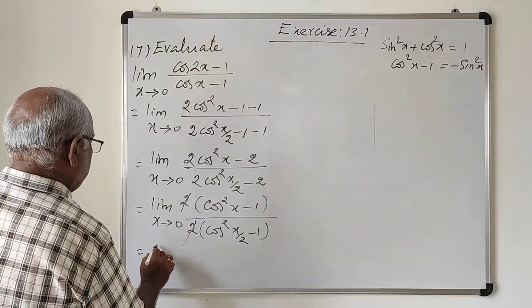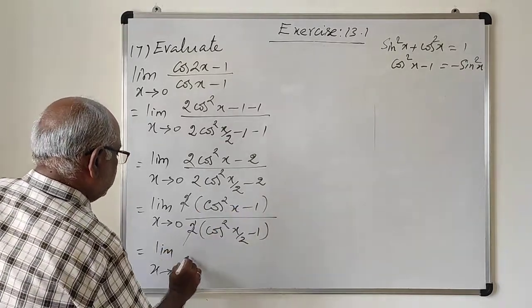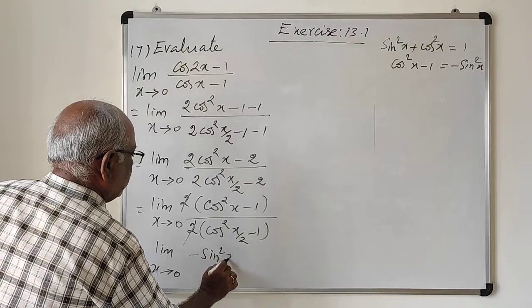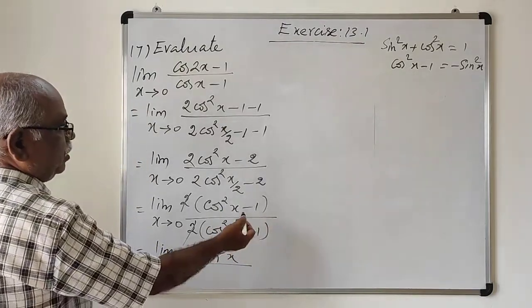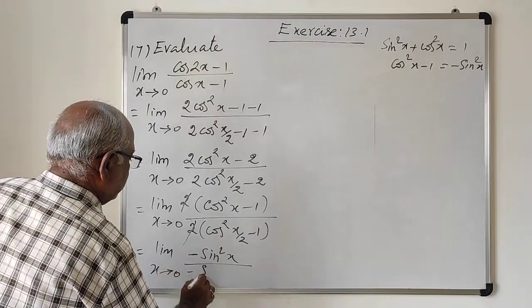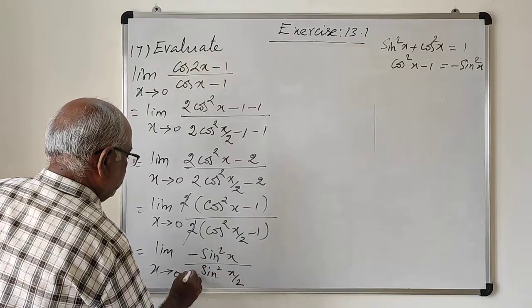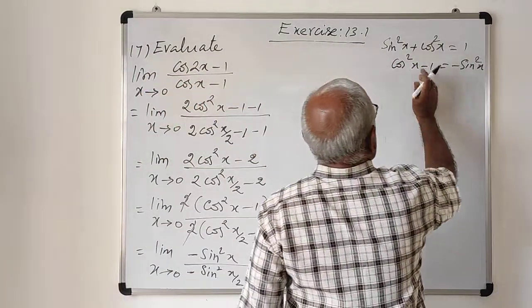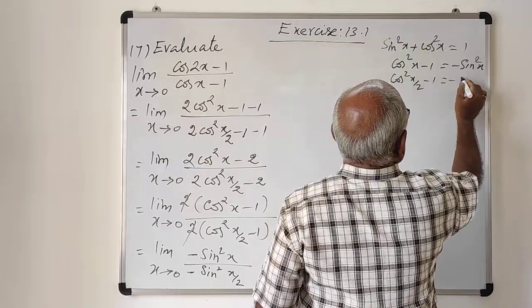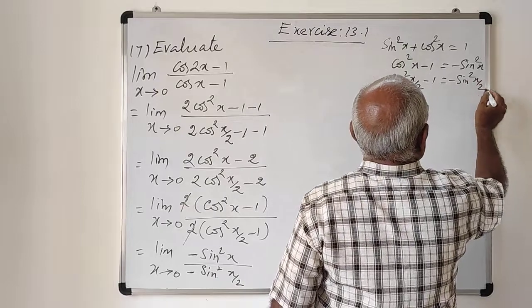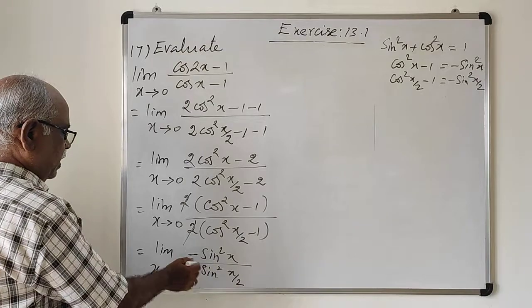So this is equal to limit x tends to 0, cos square x minus 1 is minus sin square x. Similarly, in the denominator, cos square x by 2 minus 1 is minus sin square x by 2. Use these two results here. Minus into minus from numerator and denominator cancel.